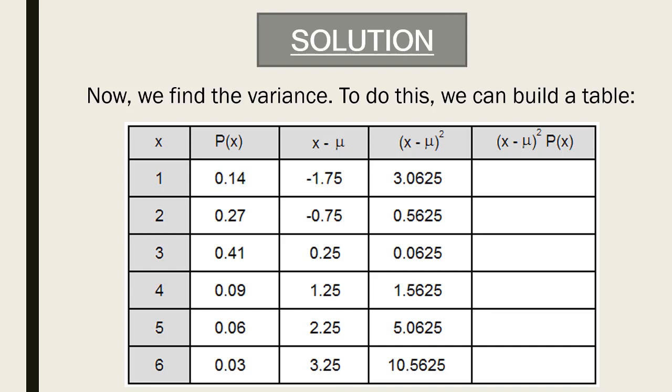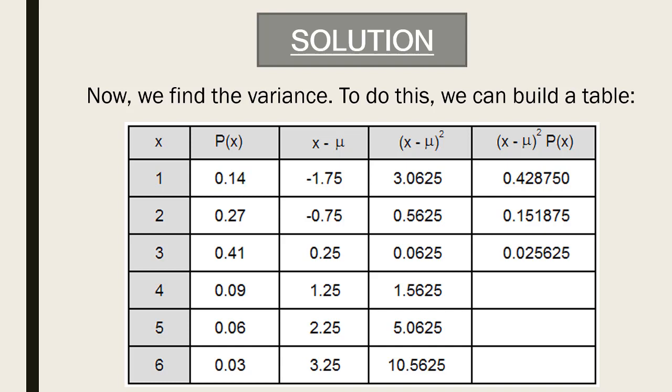And if we multiply that out, we get 0.428750. If we take the 0.5625 times the 0.27, we get 0.151875. If we take the 0.0625 times 0.41, we get 0.025625.